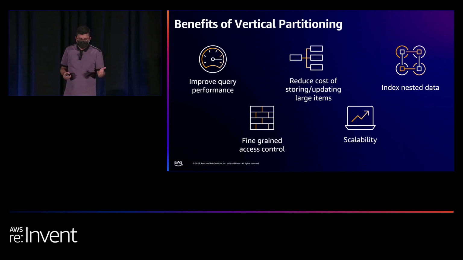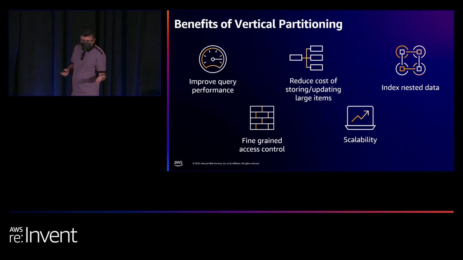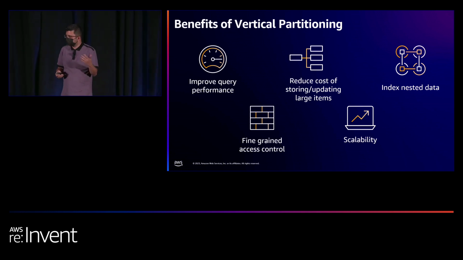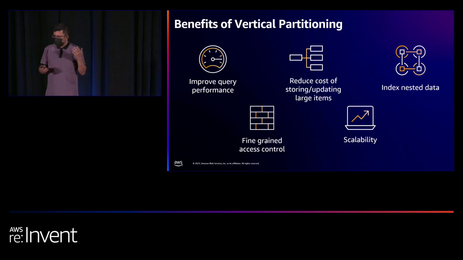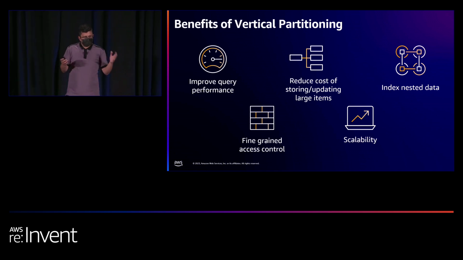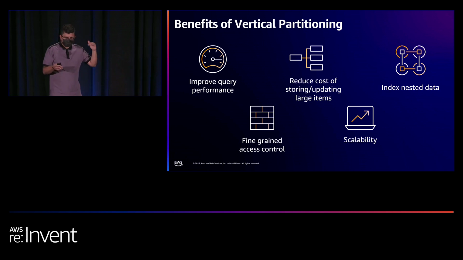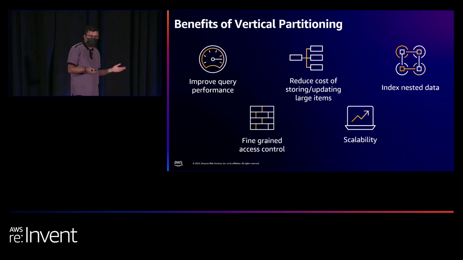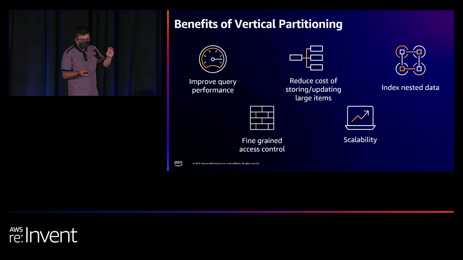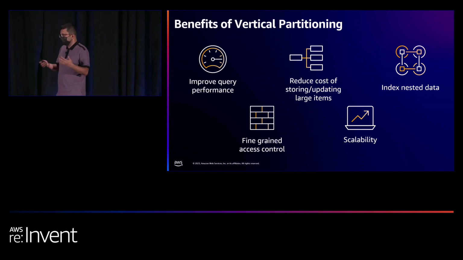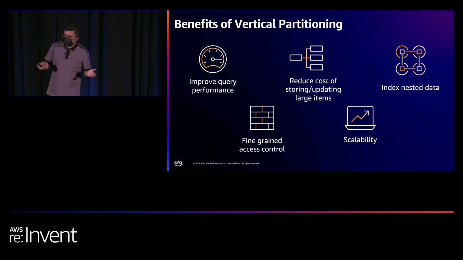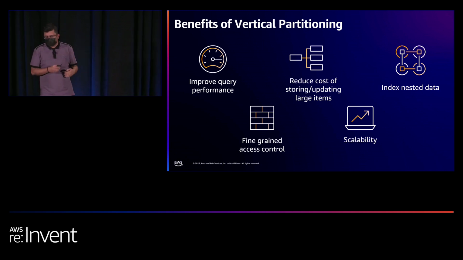So you get improved query performance. You can reduce the cost of storing and updating the items in your DynamoDB table. You can model any type of nested structures as separate line items. As we saw, we broke the order document into smaller chunks, and there might be other similar nested structures that you want to store for different entities like customer address information, what have you.